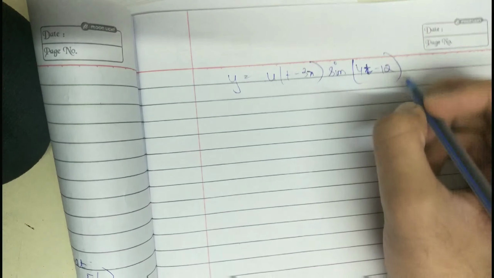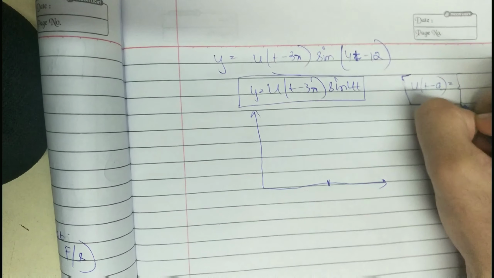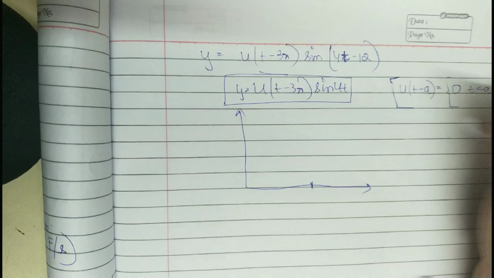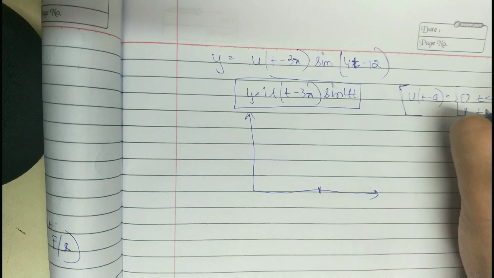This is the simplified version, and if we graph this, we get the following due to the Heaviside unit step function, which is defined as having a value of 0 for any value of t that is less than a, and 1 for any value greater than a.